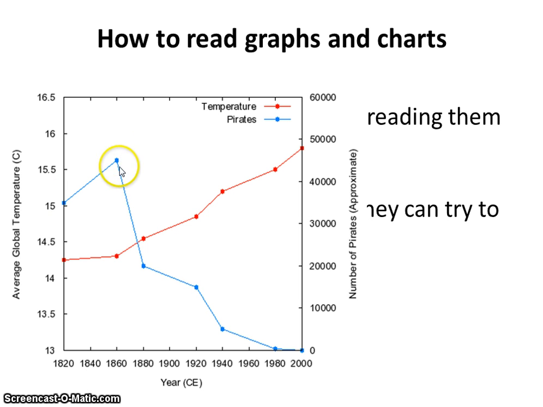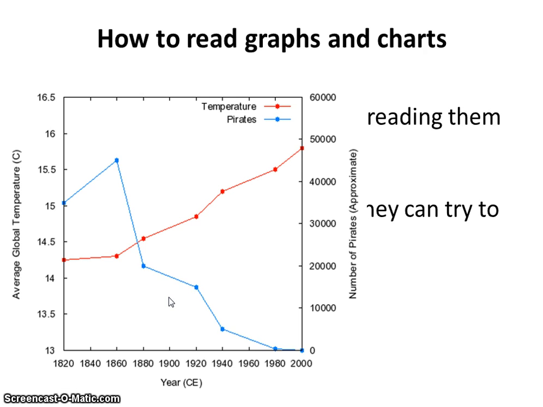So what we see according to this chart is that the population of pirates has steadily declined while the changing temperature has steadily increased. So if we wanted to, we could make the argument just based on this chart right here that the decline in pirates has caused the average global temperature to rise.